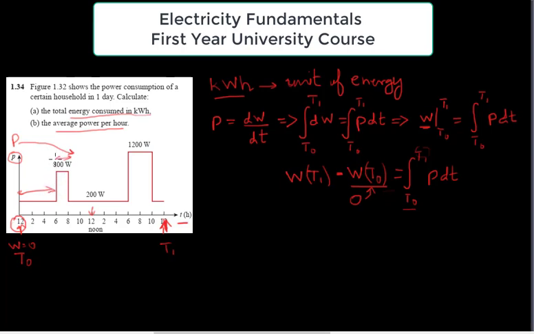The function P is different over here, the function P is different over here, and the function P is different over here, and finally it goes back to 2. So there are 1, 2, 3, 4, 5. You need to write 5 piecewise function pieces of this function in order to apply this integration formula. So this is one way of doing it.